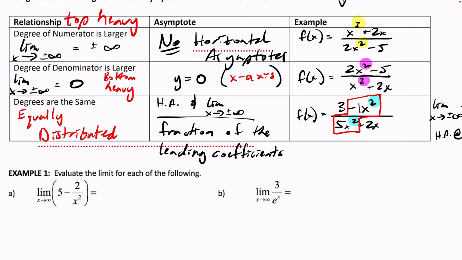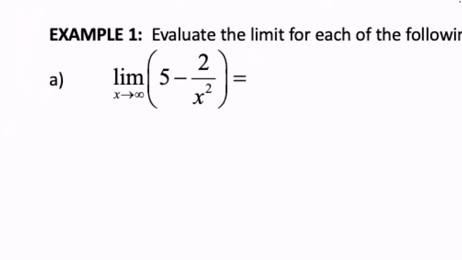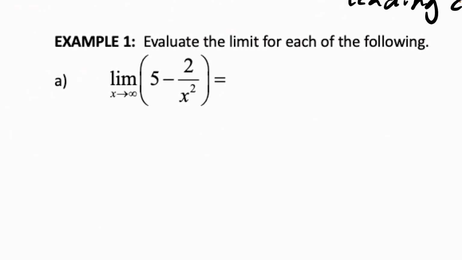Okay, so let's look at number 1A. Let's look at number 1A. So it's a limit question. So my question, is it bottom heavy, top heavy, or equally distributed?